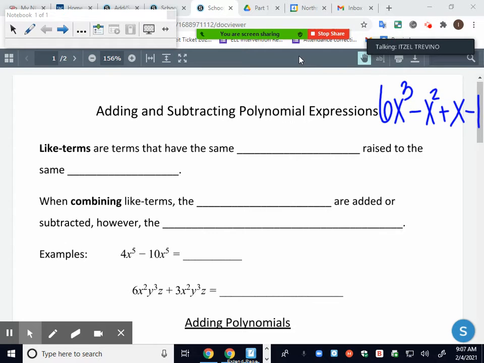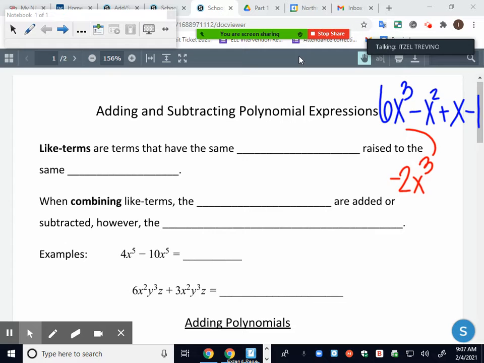So in my notes, my first sentence says, like terms are terms that have the same what, okay? Let's say if I write negative 2x cubed, okay? This is a like term to 6x cubed.